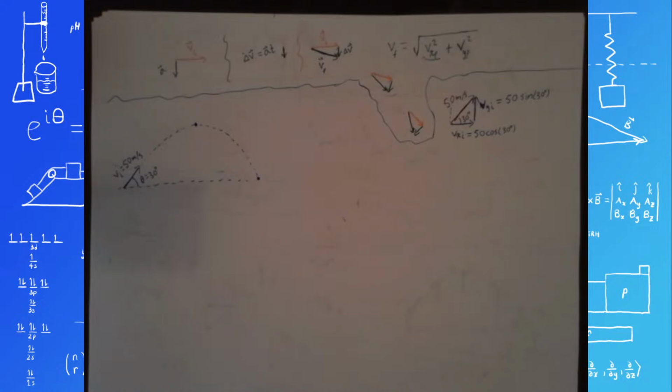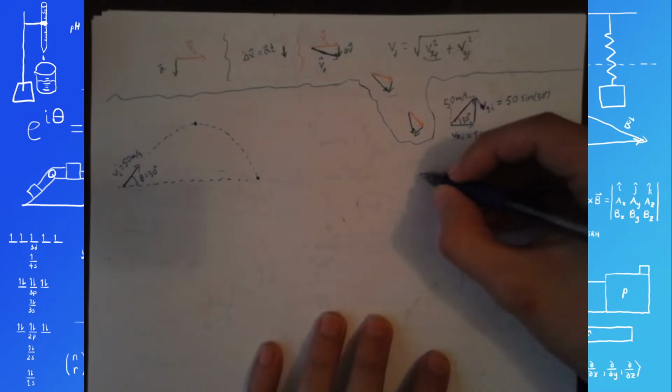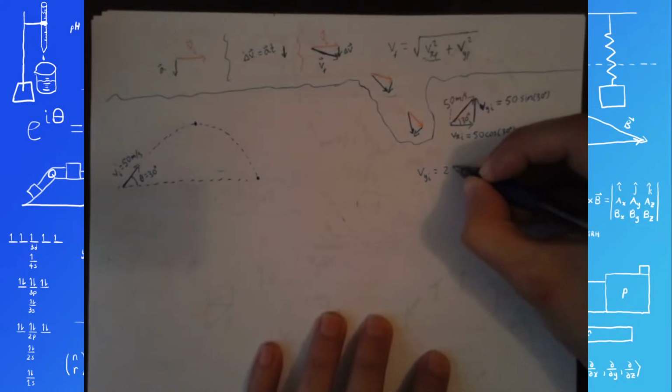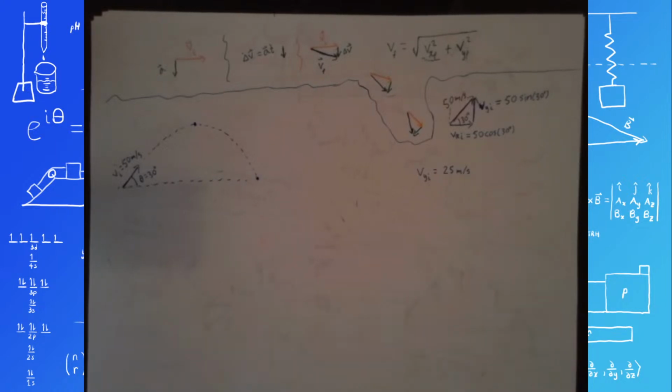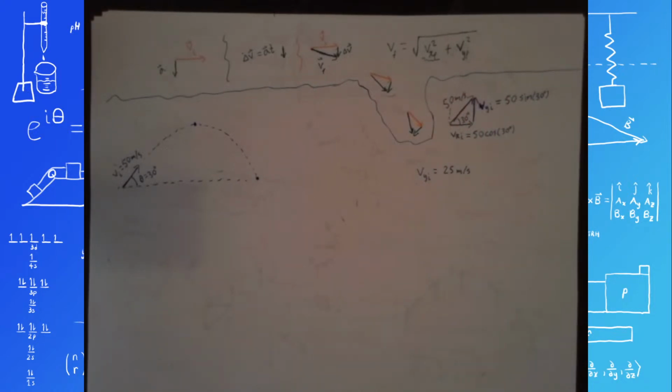It's about opposite versus adjacent. Okay, 50 times sine of 30, well, 30 is a special angle. Sine of 30 is exactly 1/2, so Vy initial is equal to 25 meters per second. And it'll be positive 25 meters per second since it's upward.